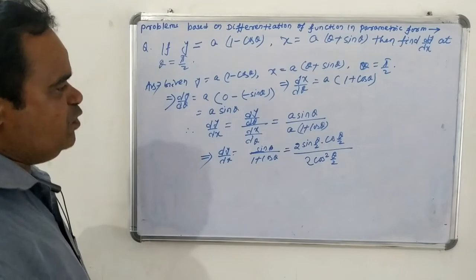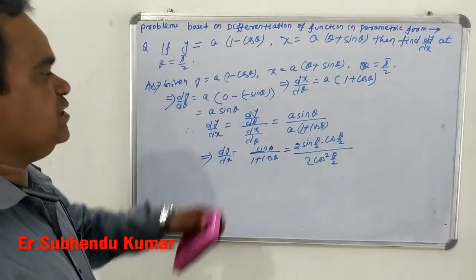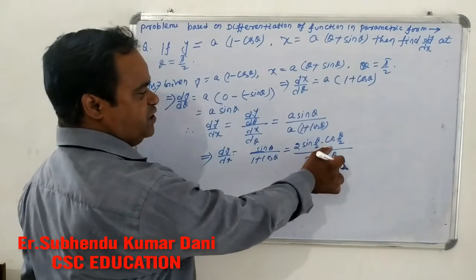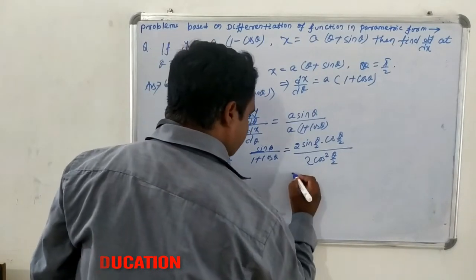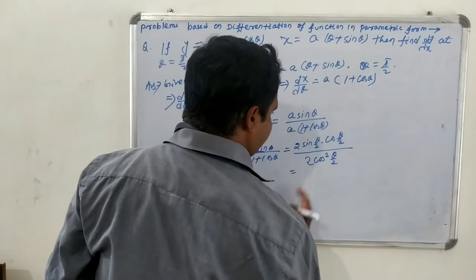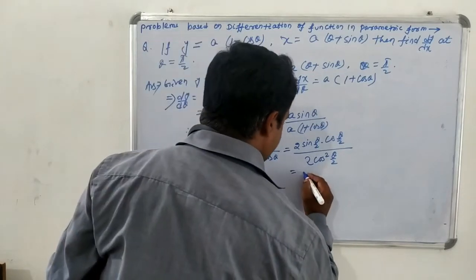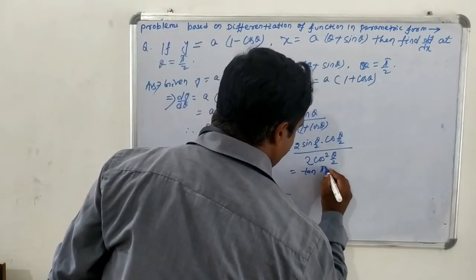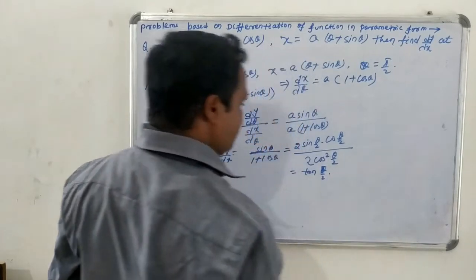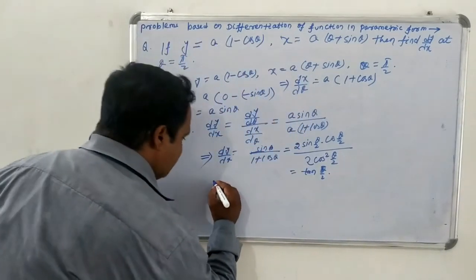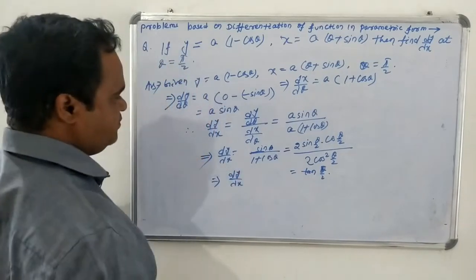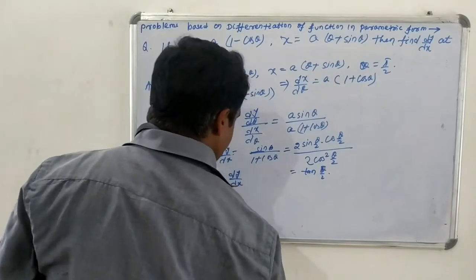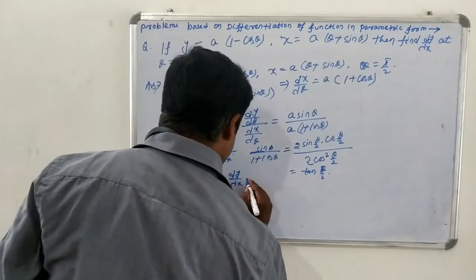Now the 2 cancels out, and one cos in the upper level cancels with one of the squared cos in the lower level. Your factor is now sin theta by 2 over cos theta by 2, that is tan theta by 2. This is the value of dy by dx.